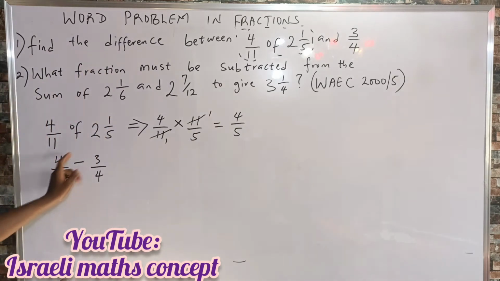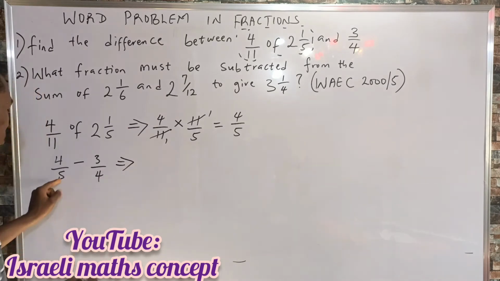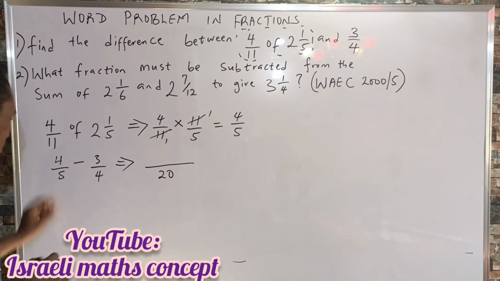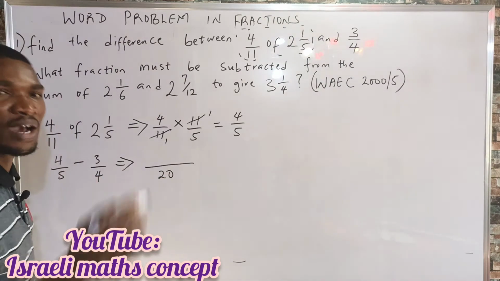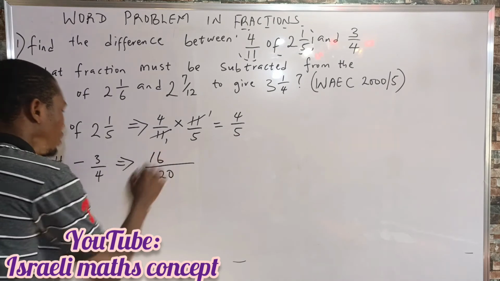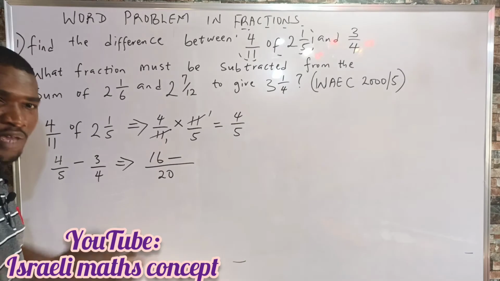And 4/5 minus 3/4 can be solved as, remember, the LCM of 5 and 4 is 20. Such that 5 divided into 20, we have 4. And 4 multiplied by 4, we have 16. Then we put our minus. Then 4 divided into 20 will give us 5.